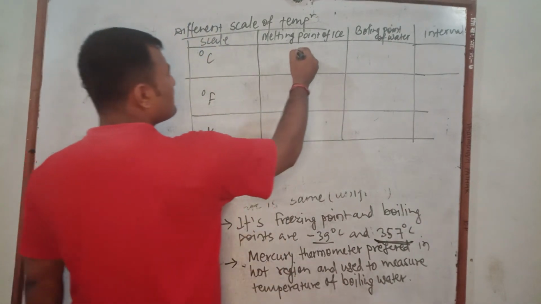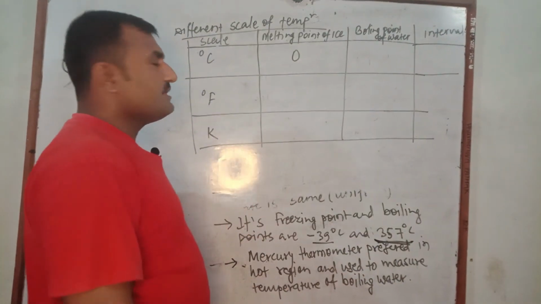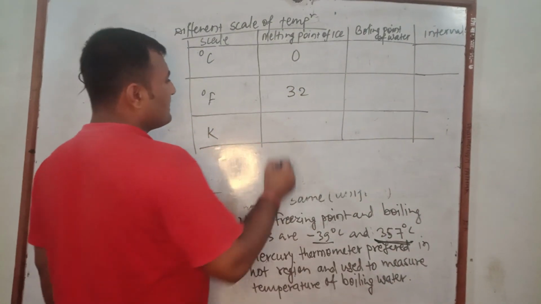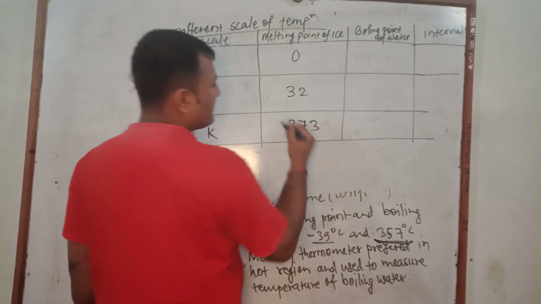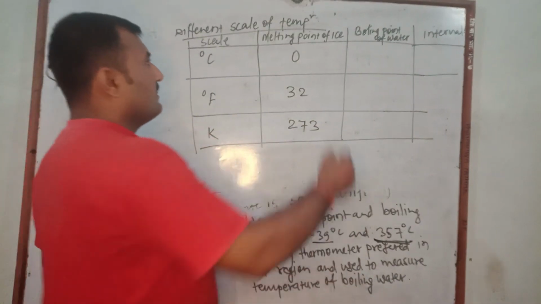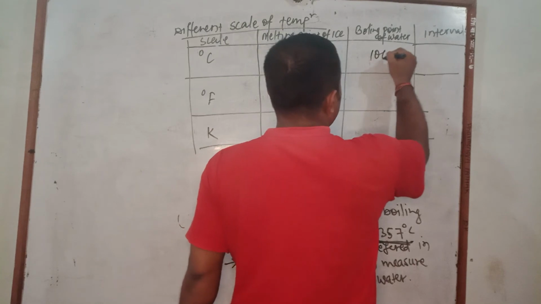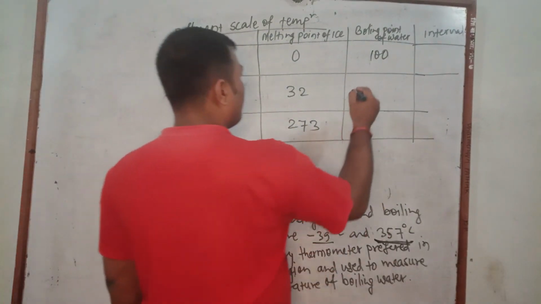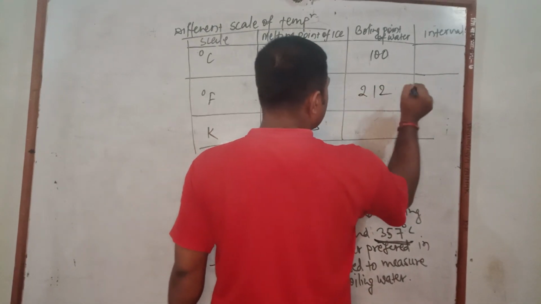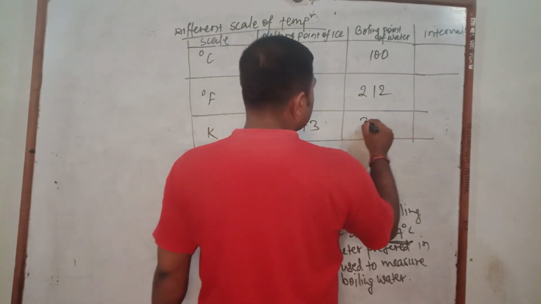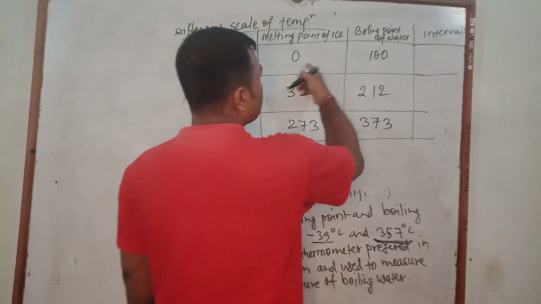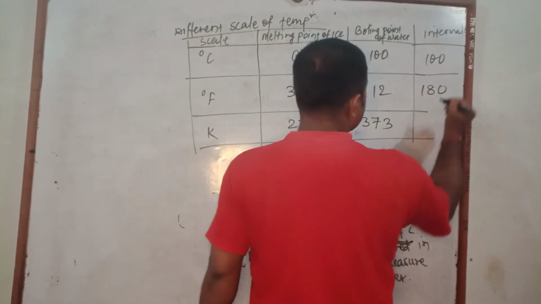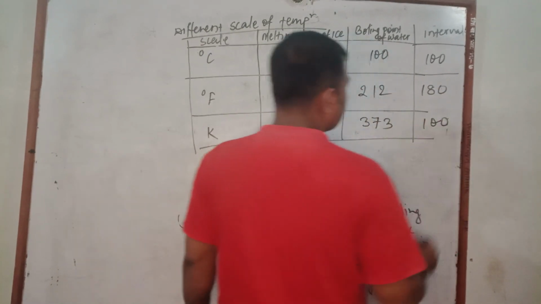In degree Celsius, melting point of ice is 0 degree Celsius. In Fahrenheit, 32. In Kelvin, 273 Kelvin. Boiling point of water is in Celsius 100, in Fahrenheit 212 and in Kelvin 373. In this way it is divided into 100 equal intervals, 180 equal intervals, 100 equal intervals.